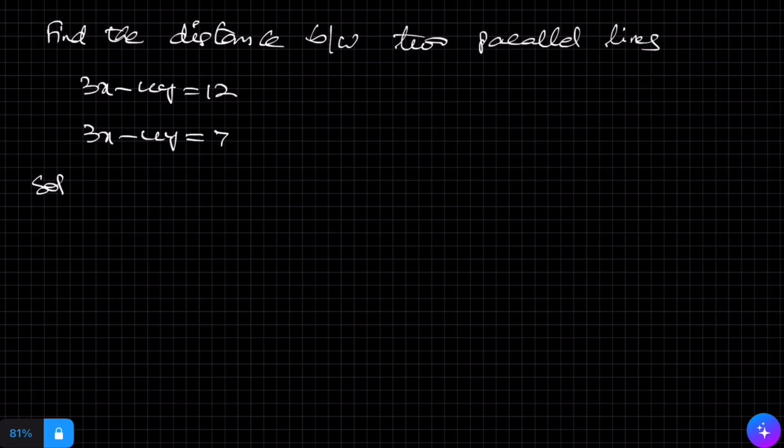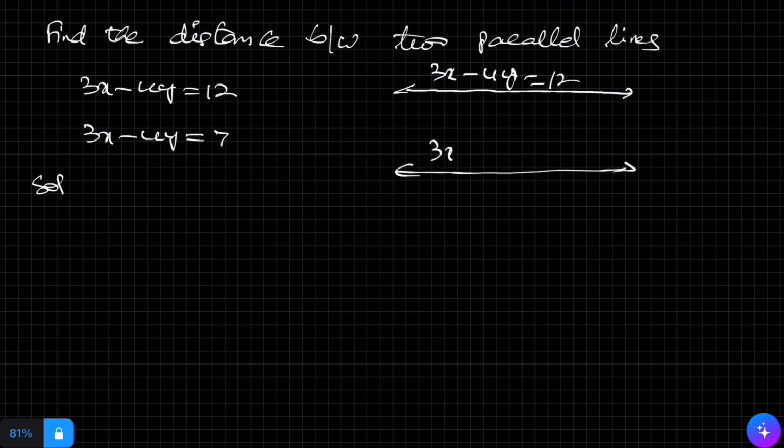In this question, we have two straight lines which are parallel to each other. We need to find the distance between these two parallel lines. The first straight line is 3x minus 4y equal to 12, and the second straight line is 3x minus 4y equal to 7.